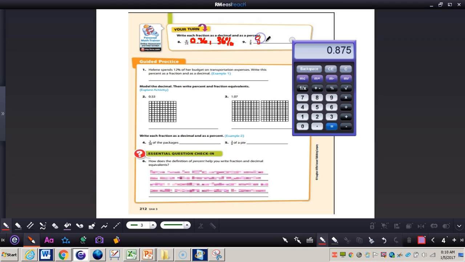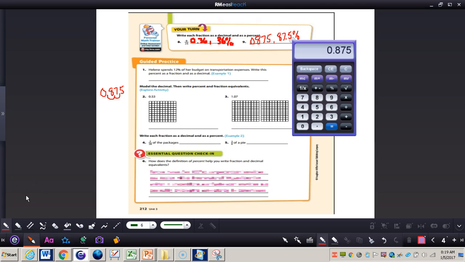So we would write it as 0.875, and then changing that decimal into a percent, I have 875 thousandths. I take that decimal, move it 2 places to the right for 87.5%.